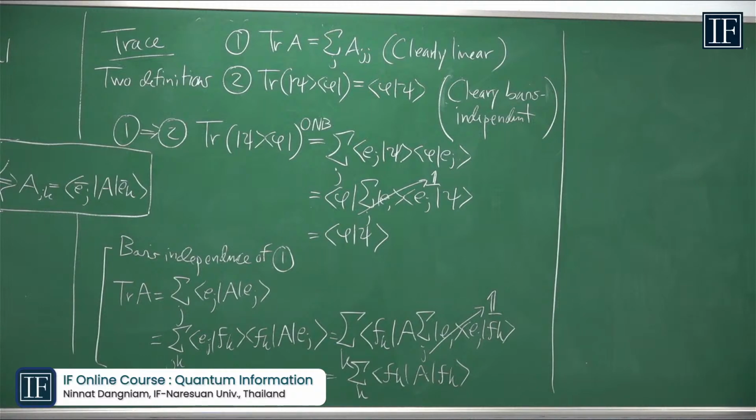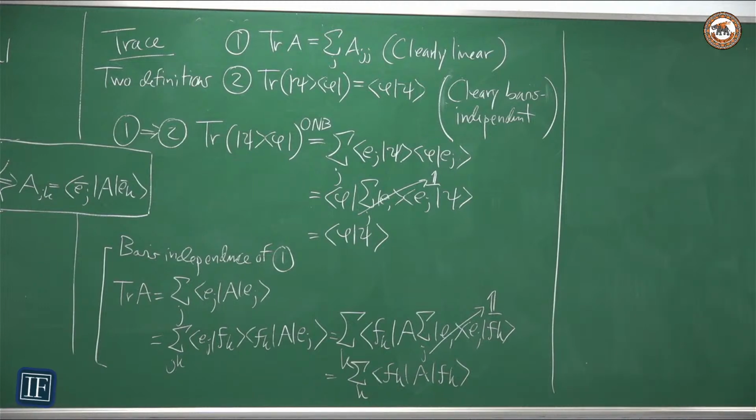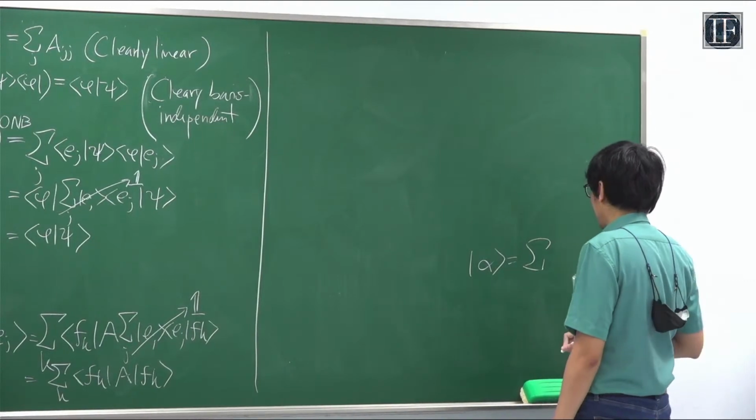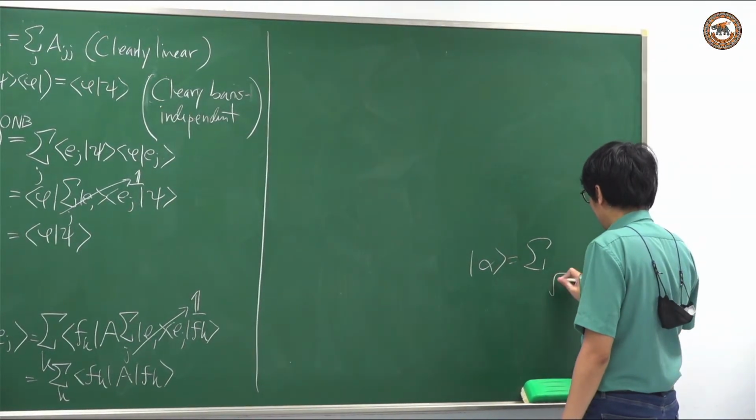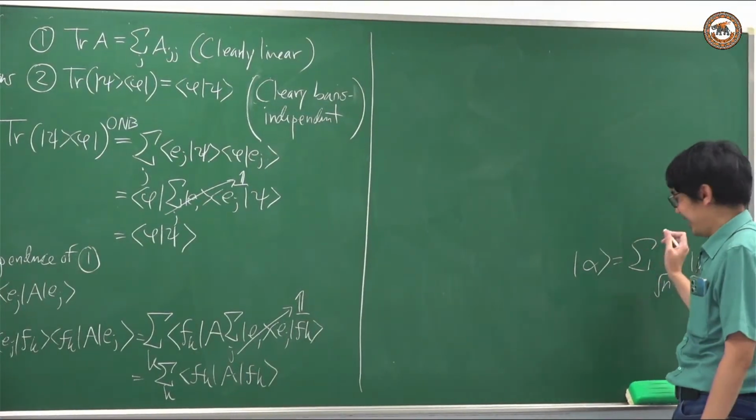I don't know if you have seen coherent states. Maybe it's a long story, but even if I write it in terms of a linear combination of the number states, it would not be obvious.